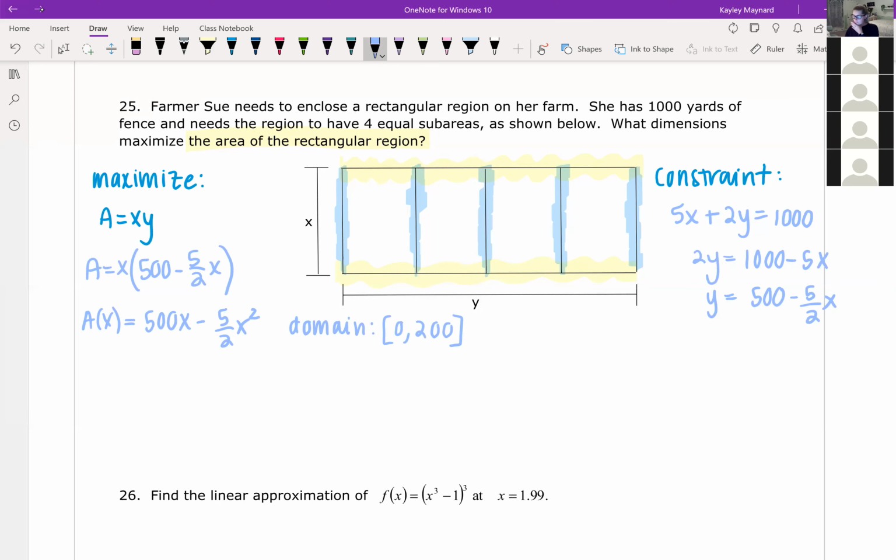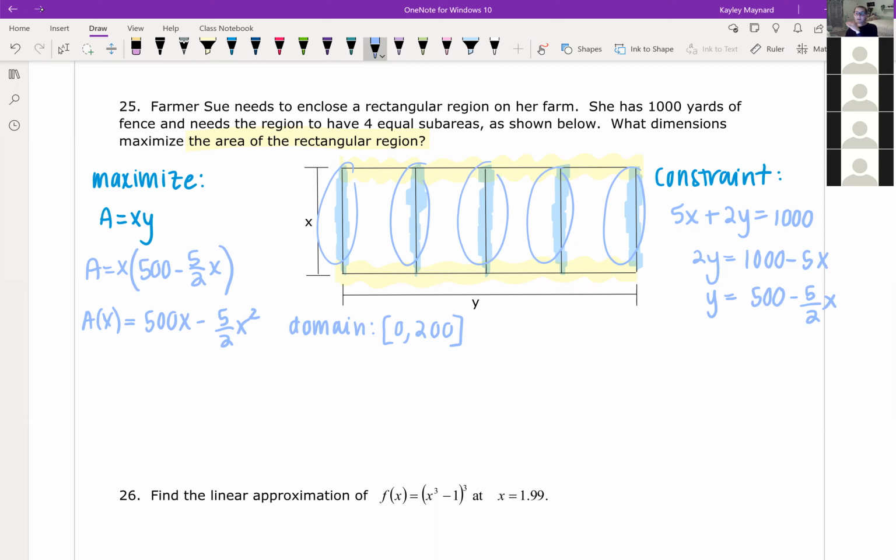Okay, so we have 1,000 yards of fence. We're looking for a domain, which is values that we can plug in for x. We know that there are 5 x's involved in enclosing this region. So if we have 1,000 yards of fence, and we have 5 lengths of x, if we use every single yard of fencing on just the x's and none of the y's, that would be 200 yards per x.